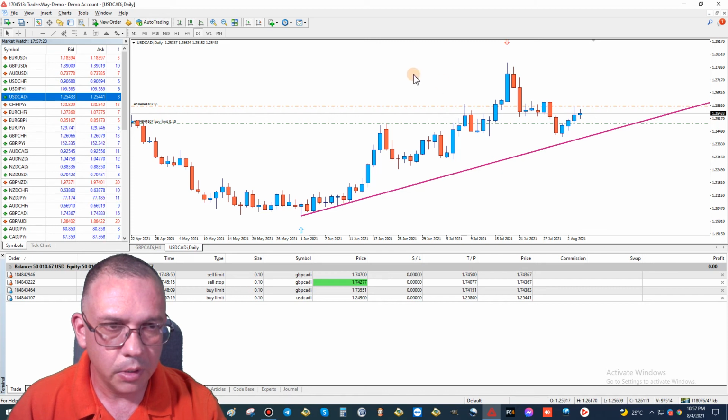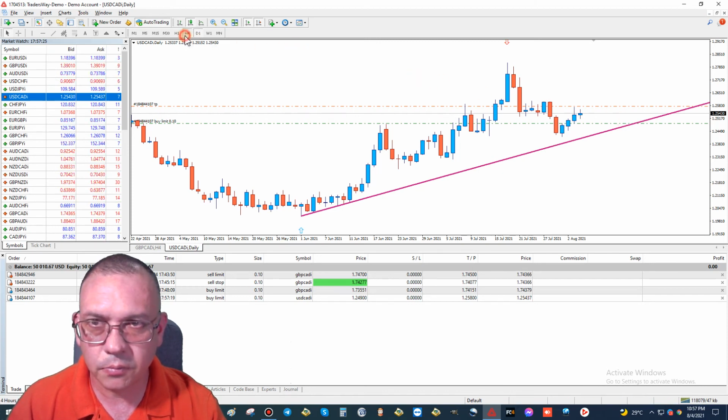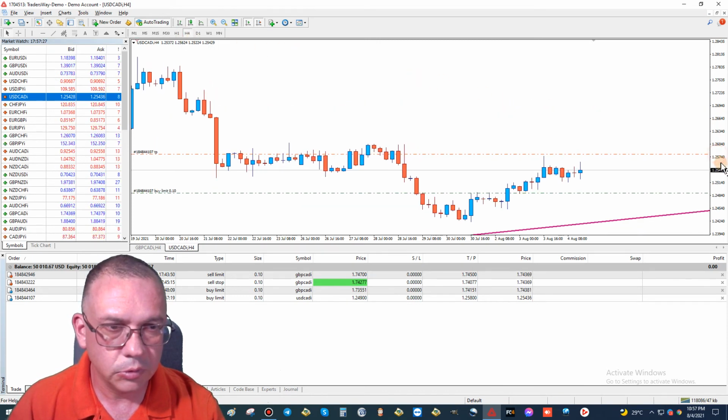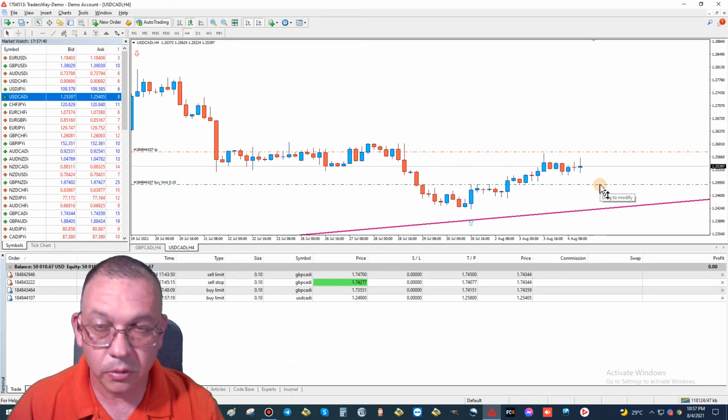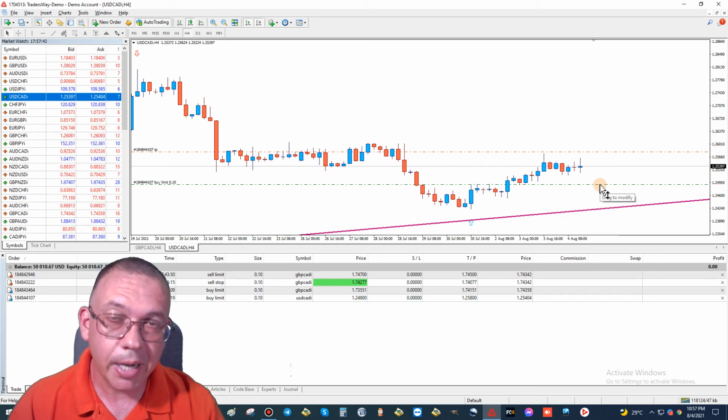Now this is what we're looking for. Let's look at the 4 hour chart so we can see a clearer picture. What we're looking for is the price to drop down to this pink colored trend line, right? So it will drop down to here, activate a buy trade, and probably drop down a little bit more.